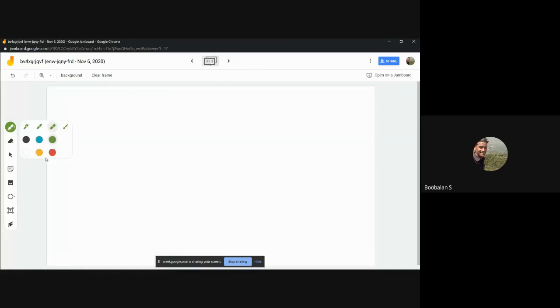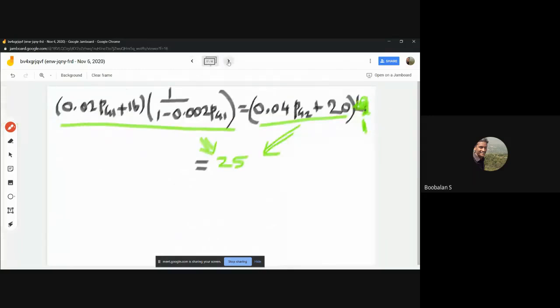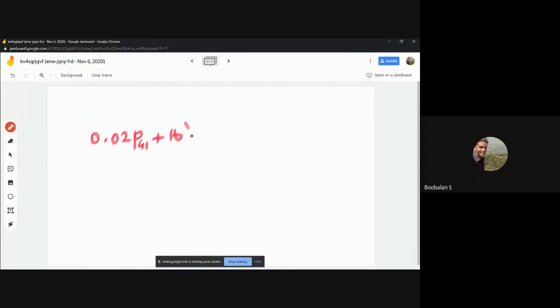So now 0.02 PG1 plus 16, the whole multiplied into L1 value, 1 minus 0.002 PG1, equals the lambda value, that is 25, right? Just simplify this and try to find out PG1.